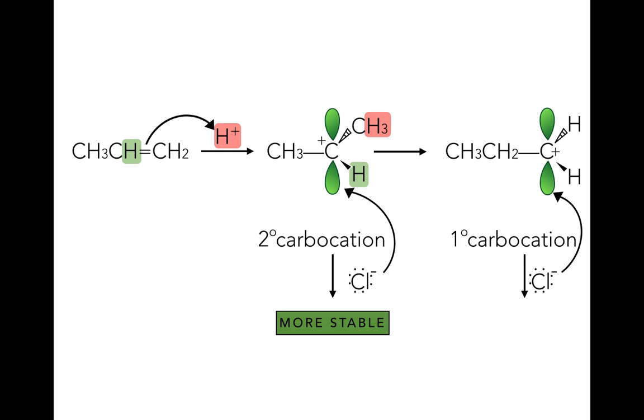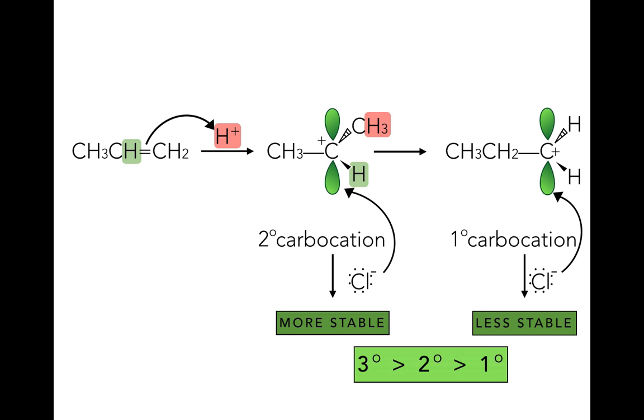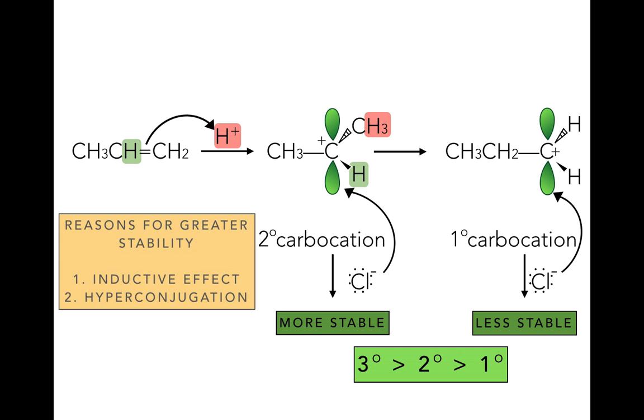The 2nd-degree carbocation is more stable than the 1st degree. This is less stable. In general, 3rd-degree carbocations have a greater stability than 2nd-degree, and the least stable is a 1-degree carbocation. The reasons for this greater stability are, number one, something called inductive effect, and also hyperconjugation.